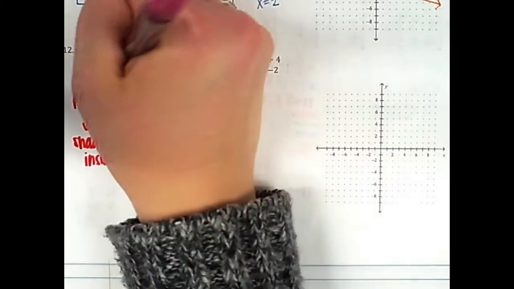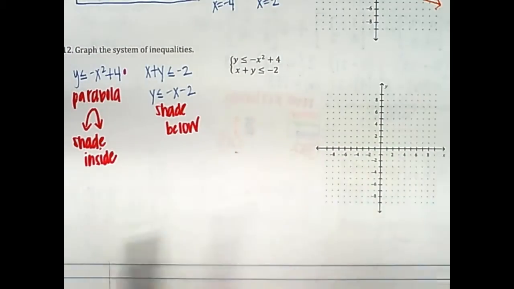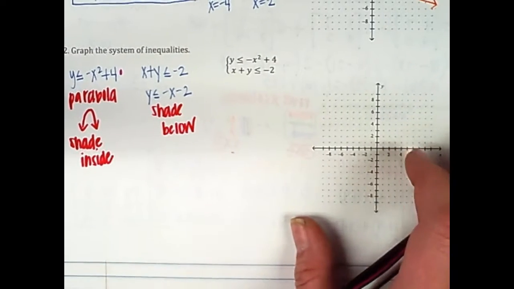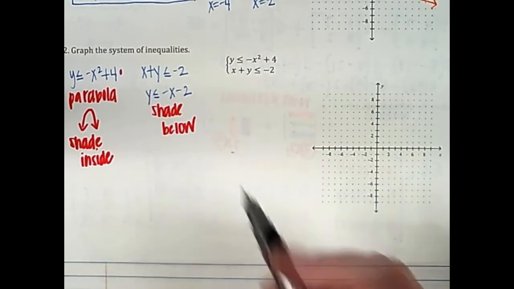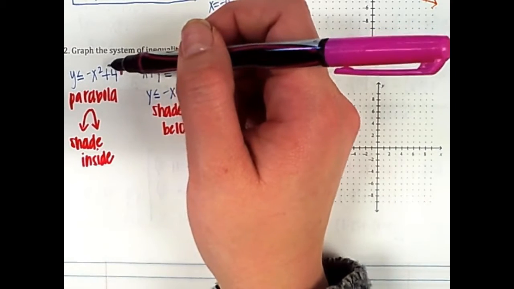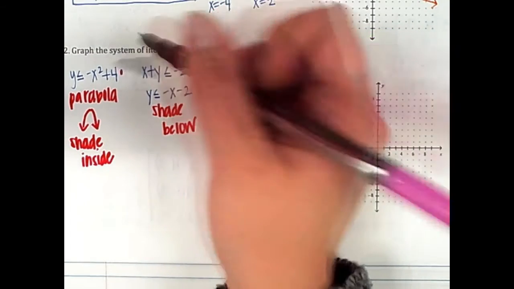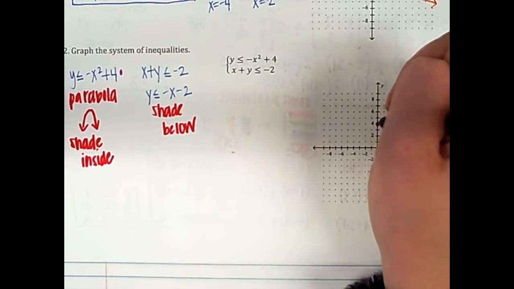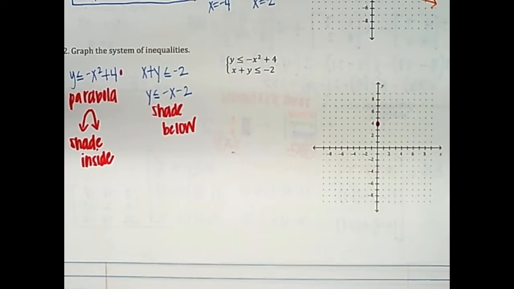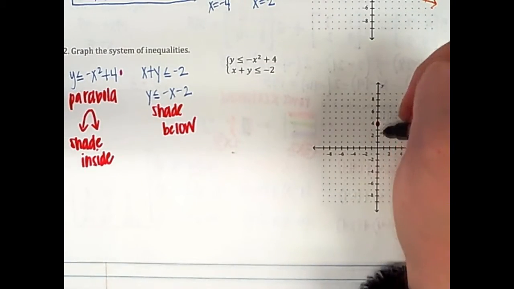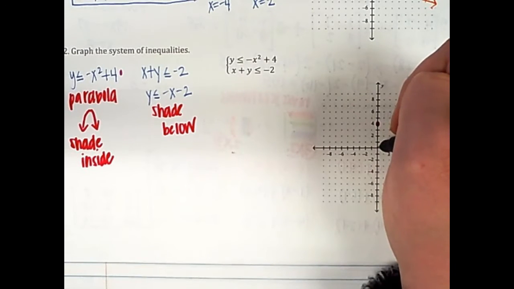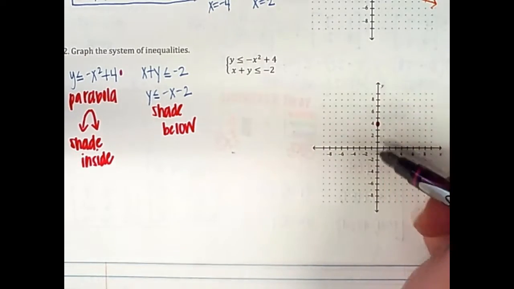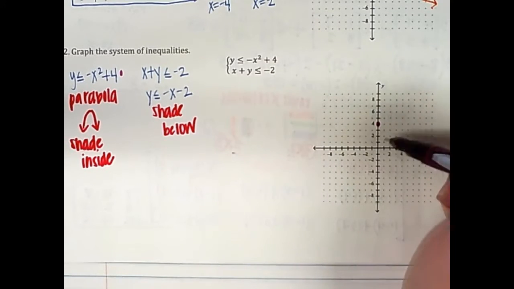I'm going to do the parabola in pink. With this one, again, it's facing down, but everything has been shifted up 4. So if my original vertex is at 0, 0, it's going to be shifted 1, 2, 3, 4. And if I had it reflected, remember, it's going like this, so it would be at 1, negative 1.